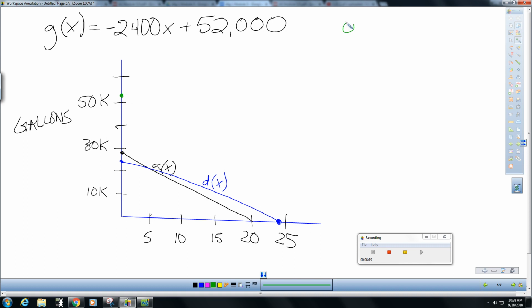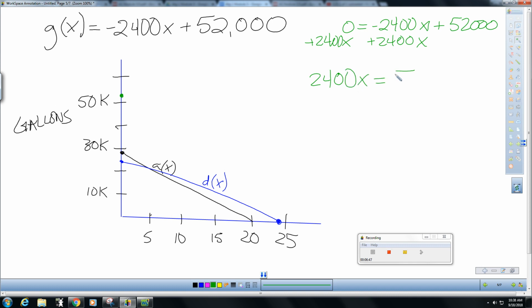Let's figure out, where does that thing equal 0? I need to solve this. So add 2,400x to each side, and you get 2,400x equals 52,000. I have to bust out the calculator on this.